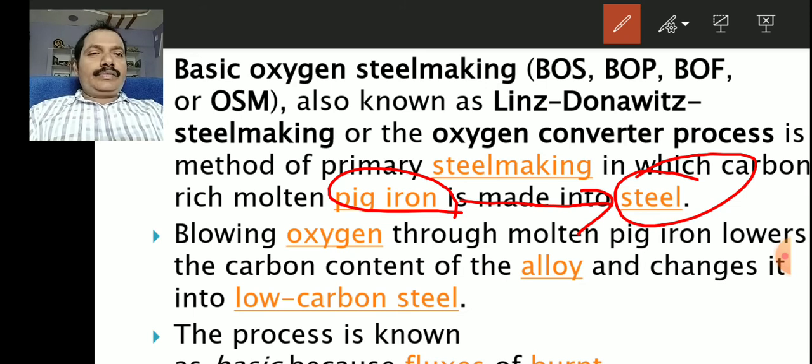Now blowing oxygen through molten pig iron lowers the carbon content of the alloy and changes it into low carbon steel. So finally, the carbon is lowered and we will find a low carbon steel.